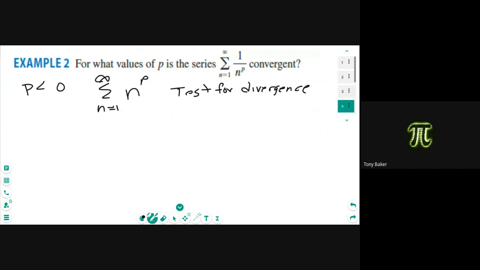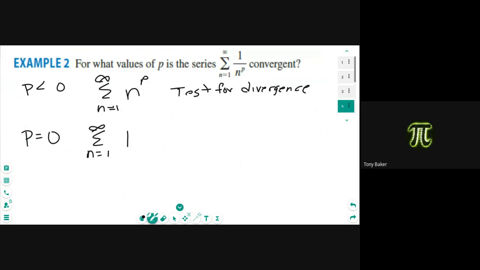What happens if p equals 0? Then that's going to be 1. So the sum from n equals 1 to infinity of 1.